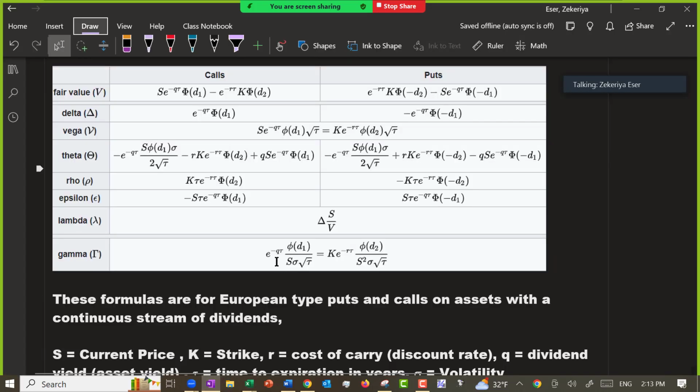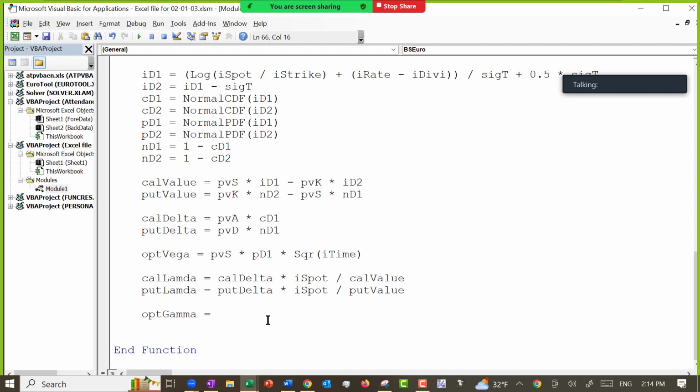PVA times PD1 divided by spot times that square root of thing. What did we call that? Sig T. Remember, PVA was e to the negative q times t, right? PD1 is the PDF at D1. Okay, that one's done.